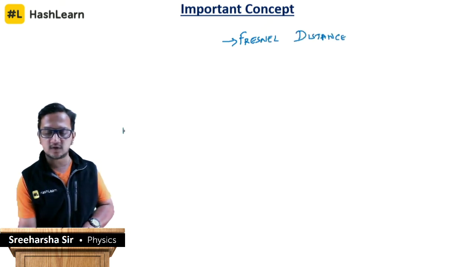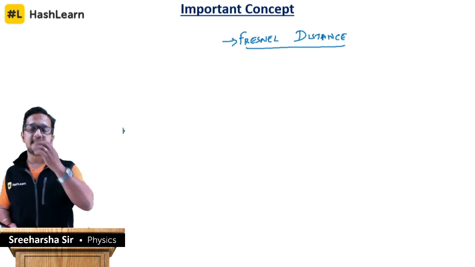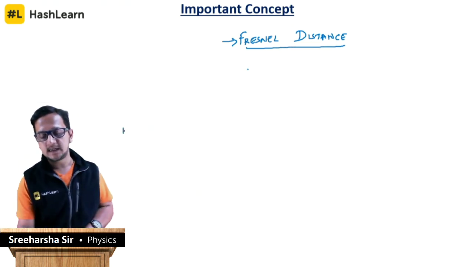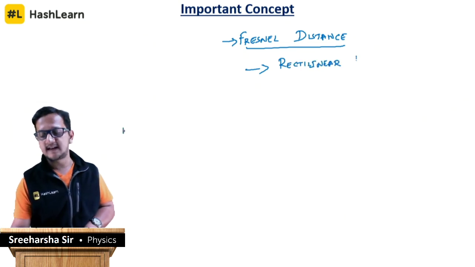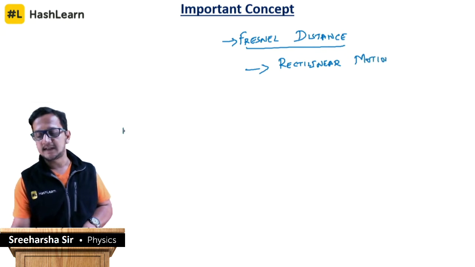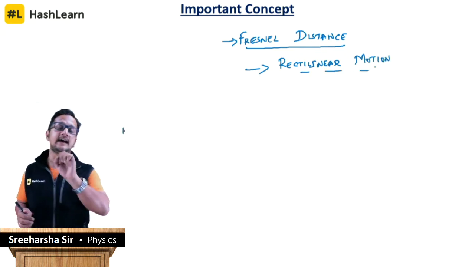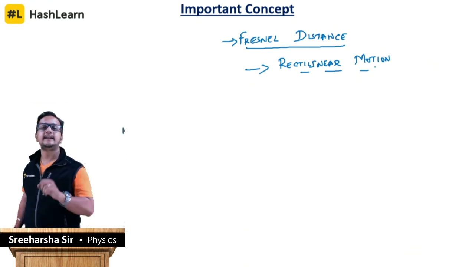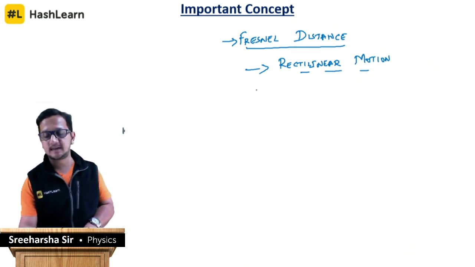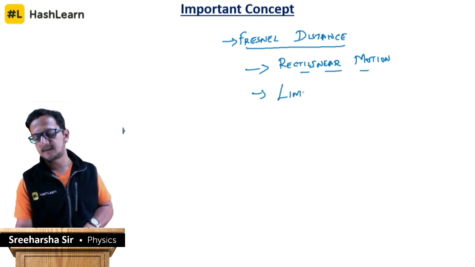We know that light has a property called rectilinear motion. Rectilinear motion means the property of light traveling along a straight line, and that also has a limitation, called the limitation of ray optics.